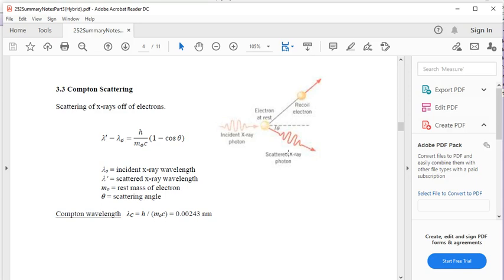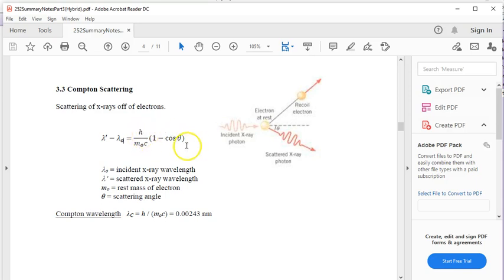The other thing that's interesting is that there's no dependence on the actual scattering metal. Okay, so this relationship, as you see written, doesn't depend on anything that's characteristic of the type of metal. And again, we'll derive this in just a sec. Well, we won't officially derive it; I'll describe the derivation.